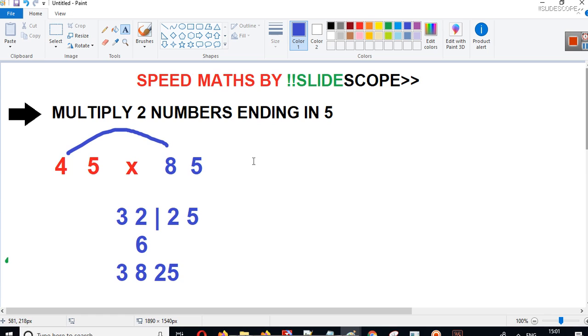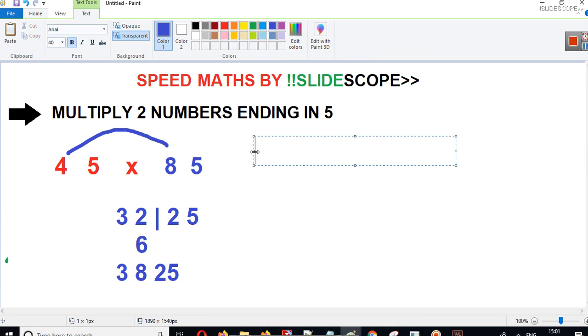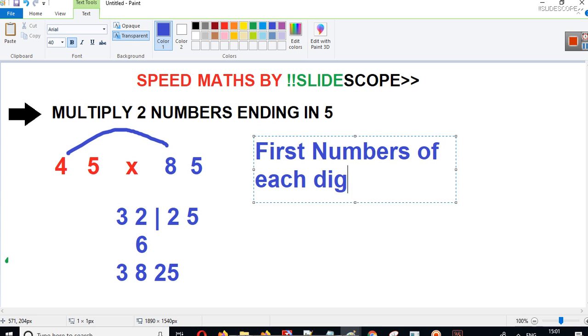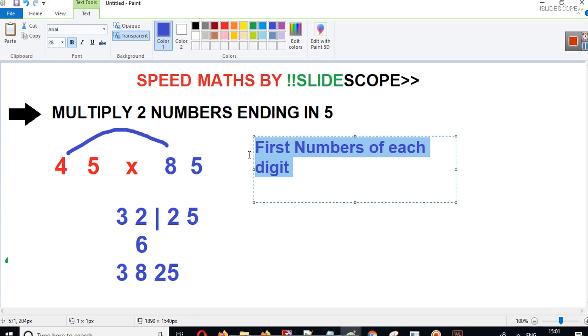Now I will explain some steps in it. First, you have to multiply the first digits of each number and write it. So 4 into 8, whatever the multiplication is, write it.